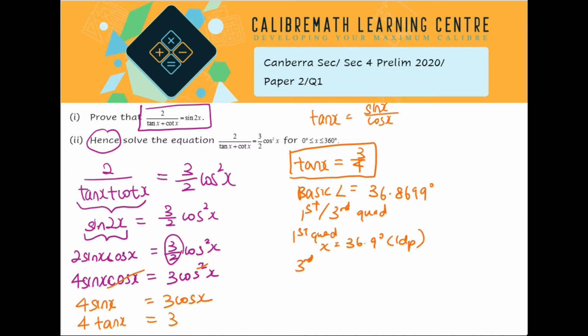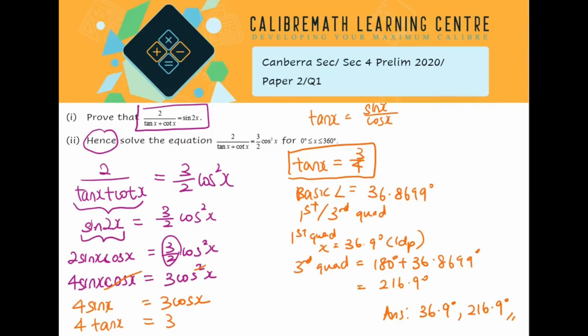And for the third quadrant, you can use 180 plus 36.8699 degrees, and that gives you 216.9 degrees. And so some of you will solve the two answers to be 36.9 degrees and 216.9 degrees.